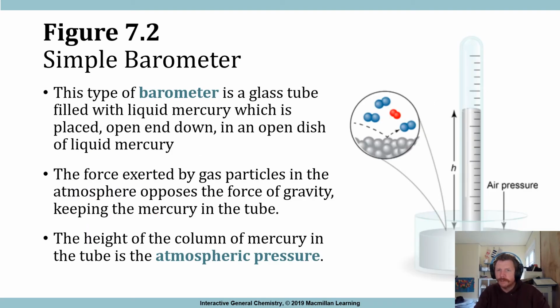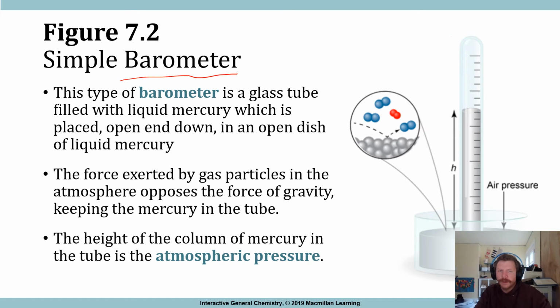This piece of instrumentation, this piece of glassware, is known as a barometer. Barometer is the proper pronunciation. This type of barometer is a glass tube filled with liquid mercury. Now, one thing I'd like you to recognize about this is that this end of the barometer doesn't have an opening.